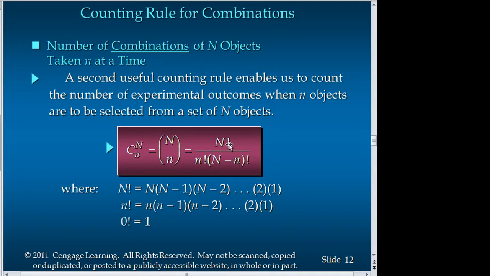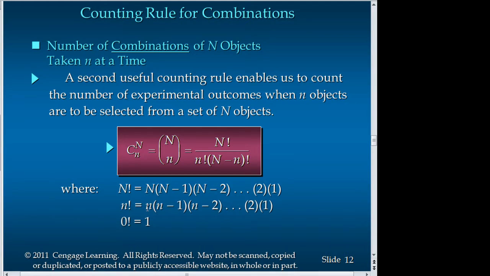This mark right there is called factorial. So what's n factorial? N factorial is explained here. You start from n times n minus 1 times n minus 2 times n minus 3 all the way down to 1.